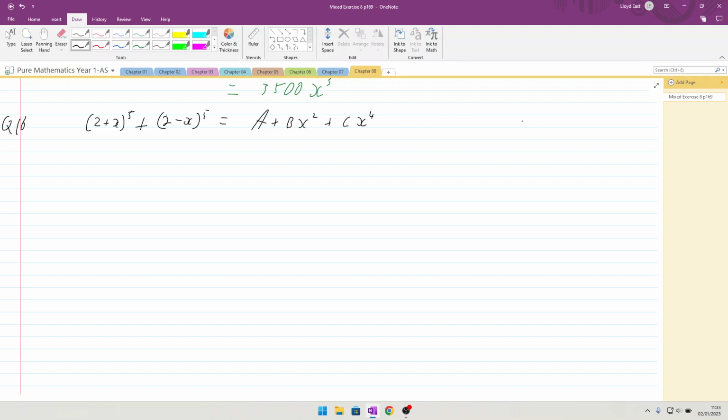So let's take a Pascal triangle: 1, 1, 1, 1, 2, 1. So that's the quadratic level, to the power 2. 1, 3, 3, 1, that's to the power 3. 1, 4, 6, 4, 1, that's to the power 4. 1, 5, 10, 10, 5, 1, that's to the power 5.